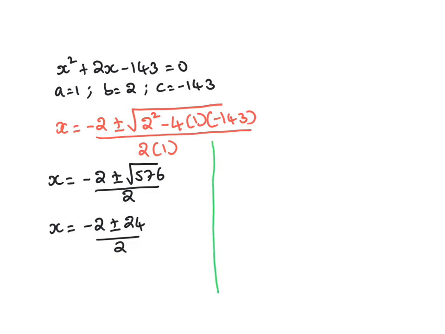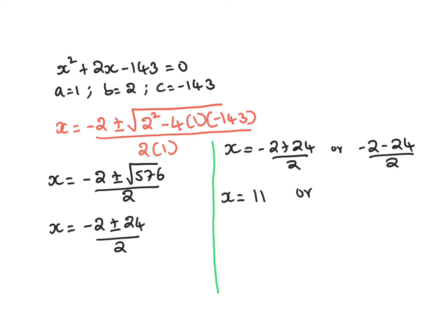So we have x equal to minus 2 plus 24 over 2, or minus 2 minus 24 over 2. So x is going to be 11, or x is going to be negative 13.